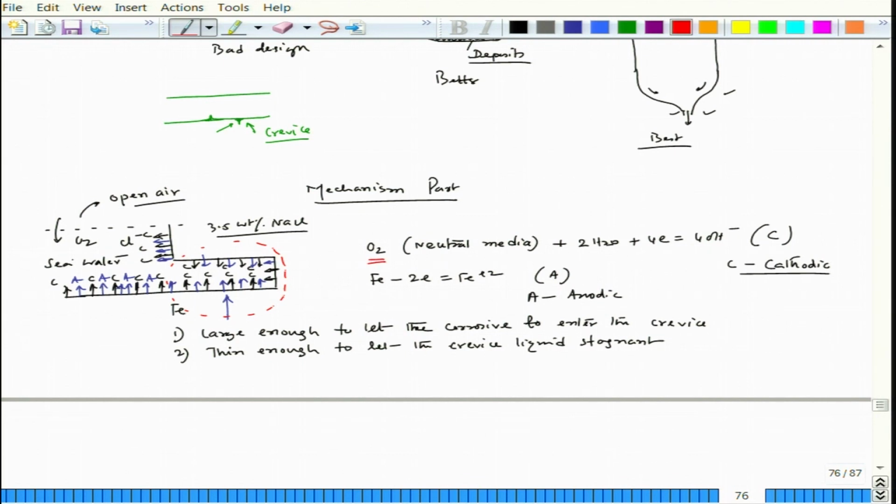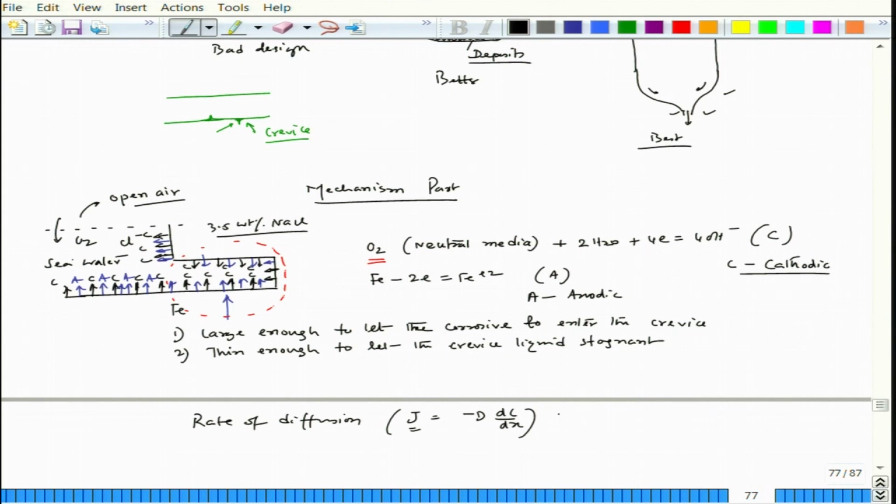What do I say? Oxygen diffusion is possible, but since it is stagnant, convection is not possible; oxygen cannot go in by a convection route from the bulk to the crevice. So, the rate of diffusion, or flux J, if I consider steady state diffusion, is minus D dC/dx. This J is the flux, moles of oxygen per unit area per unit time.